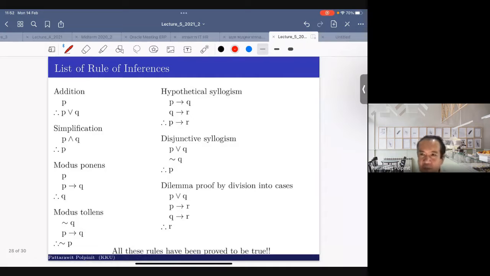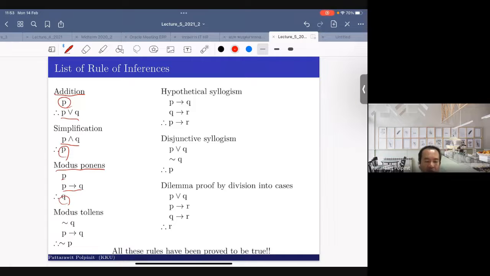And this is the list of inferences that are already proven true. For example, addition: if you know that P is already true, you can also conclude that P or Q, any proposition Q, will also be true. If P and Q is true, then you can conclude that P must be true. If you have P and P implies Q is true, this is called modus ponens: Q has to be true.